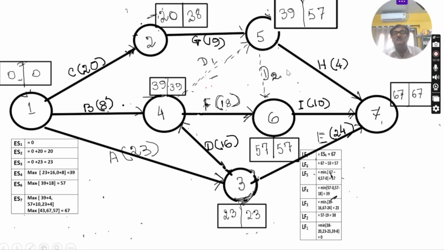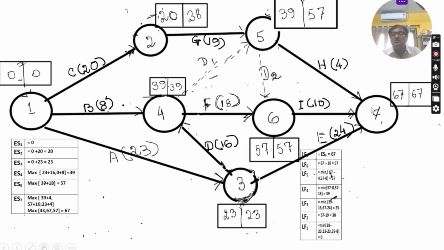And from this path, 39 plus 0 is 39. It should be written here also, but it is not written. I am seeing it mistakenly. That should also be written, 39 plus 0. And what is the highest for this? You should correct it. Okay, 57. That's why the earliest start time of S6 is 57.